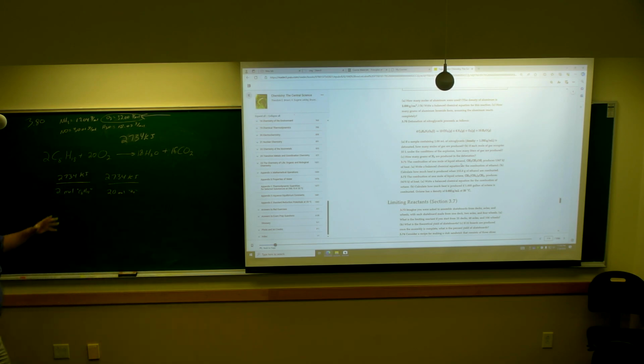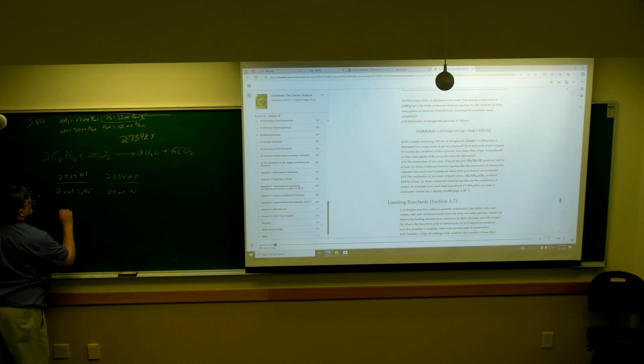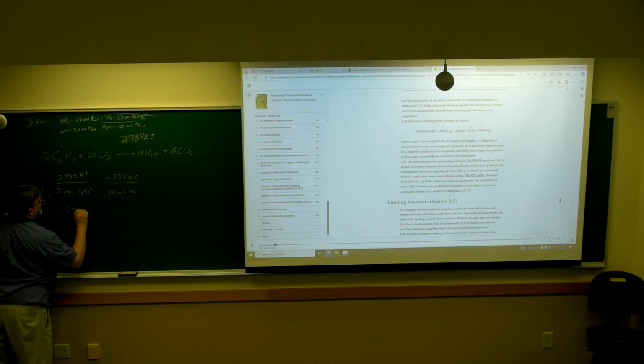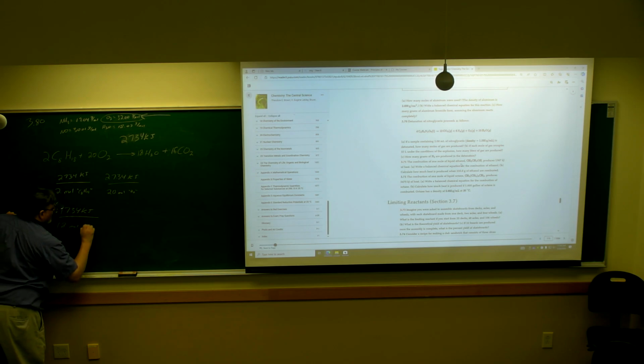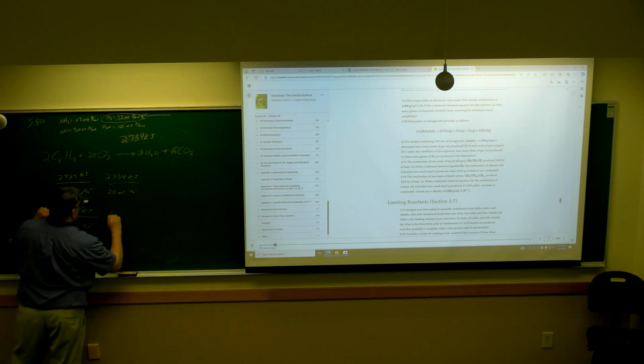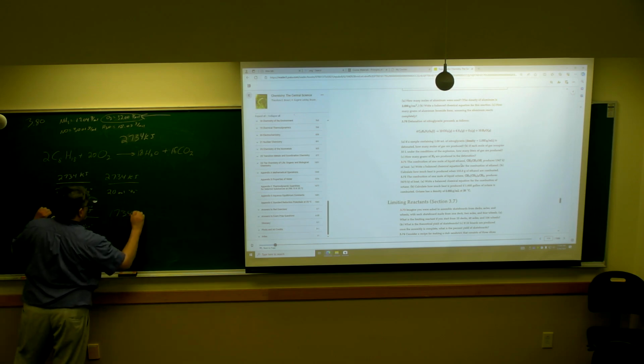So there's two of the four relationships that are here. Two more relationships. Same energy, but now I'm going to say 18 moles of O2, H2O. And one more, to 16 moles of CO2.